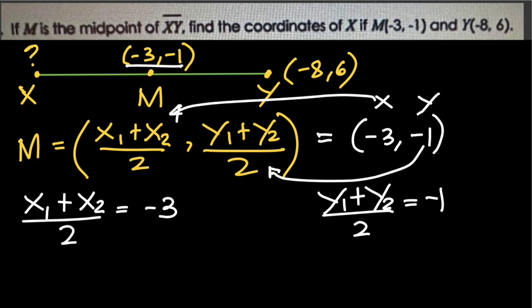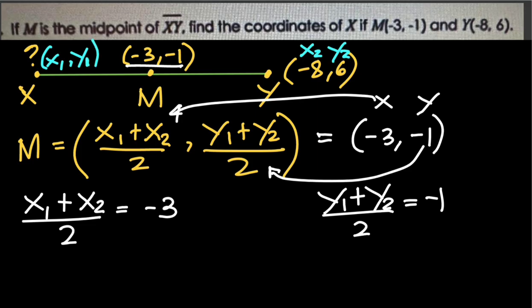Then we plug in the given values. Let's say this one is x sub 2, y sub 2, and point X is x sub 1, y sub 1, which is the unknown.